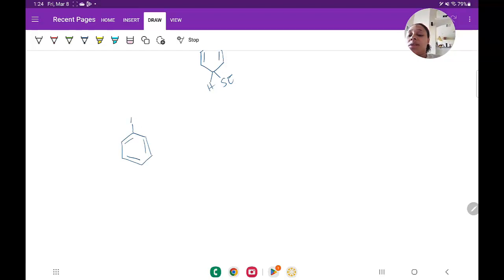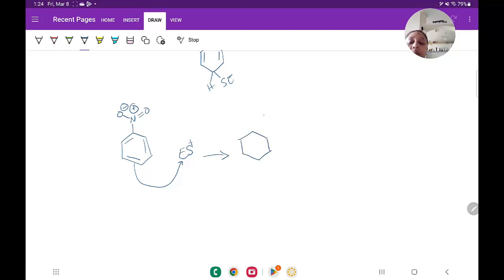So let's use the electron withdrawing group nitro. All right, and let's add in the ortho. Let's do the para position. And then we'll do the meta position. And again, ortho and para is going to do the same thing.